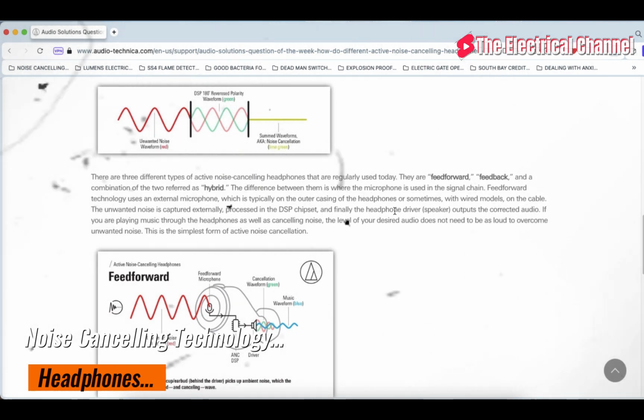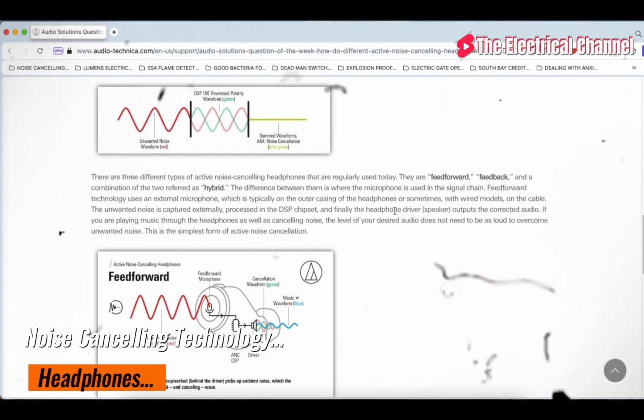Feed-forward technology uses an external microphone, which is typically in the outer casing of headphones, or sometimes with wired models on the cable. The unwanted noise is captured externally, processed in the DSP chipset, and finally the headphone driver speaker outputs the correct audio.